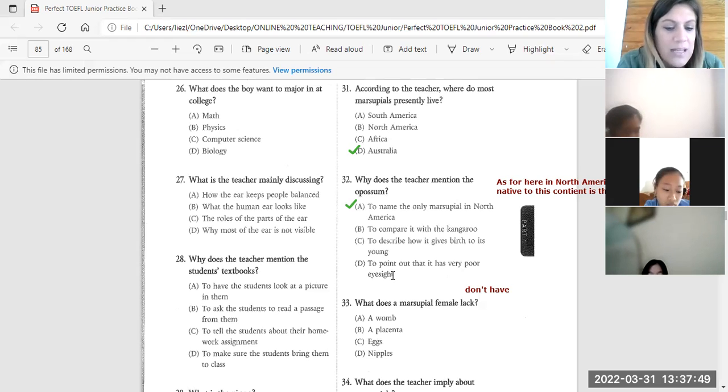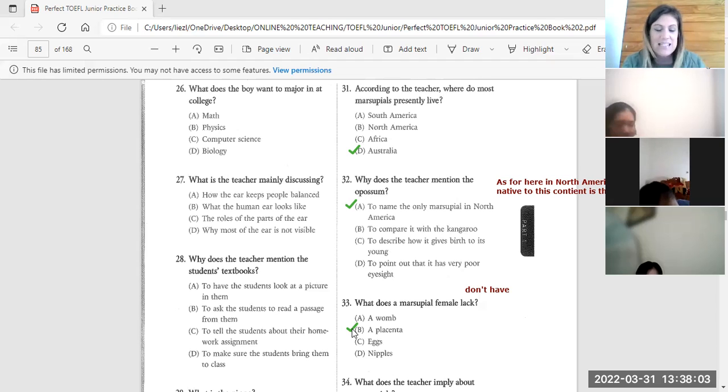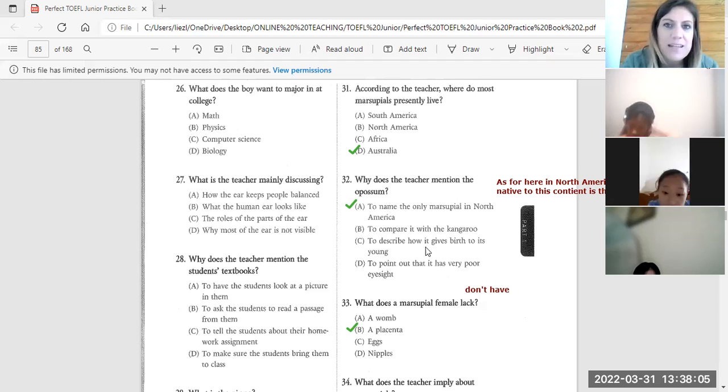A marsupial, however, doesn't have a placenta. B. Yes. Okay. It says there almost everyone, and at the end it says they don't have that. That means they don't have that. Lack means don't have.